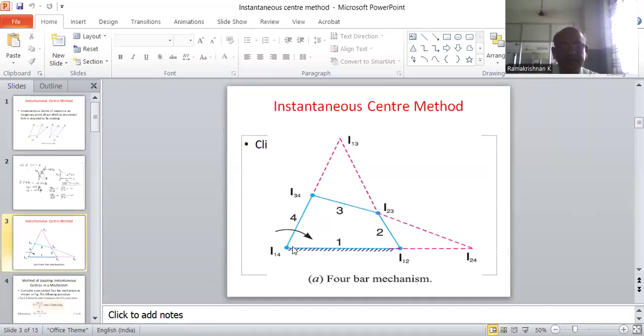Now the I-14 is always permanent because the link 1 is fixed. So in all configurations of the mechanism, the I-14 lies here only.